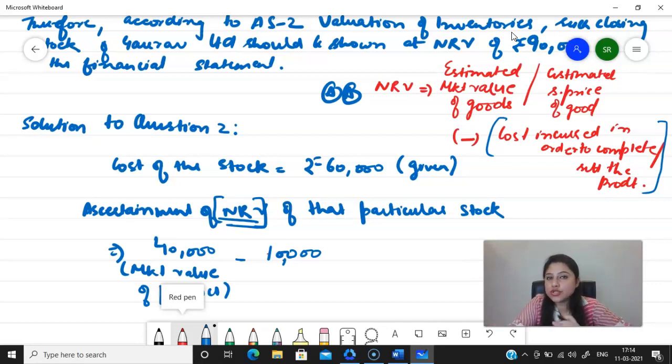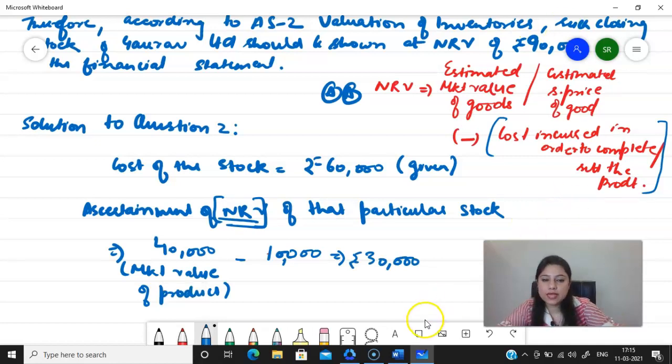However, because we cannot use that product directly as a byproduct, we have to modify it, and to modify it 10,000 cost has been incurred, which will be deducted. So for us, the net realizable value of such product will be rupees 30,000.